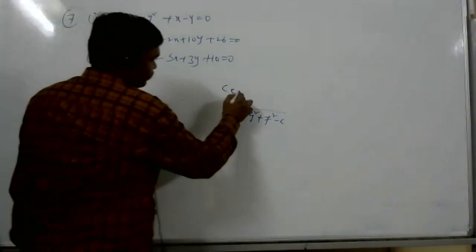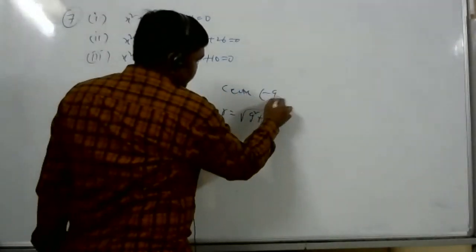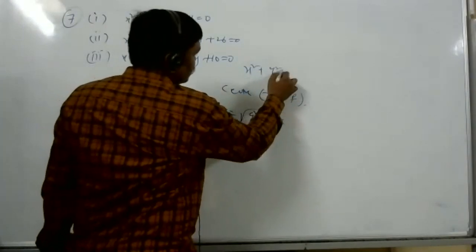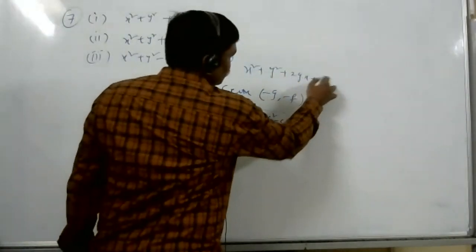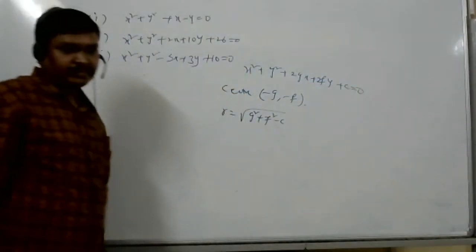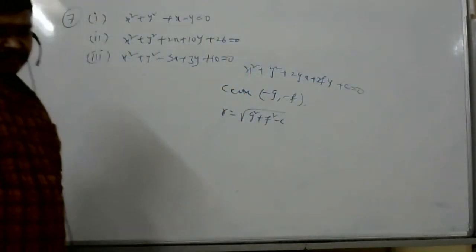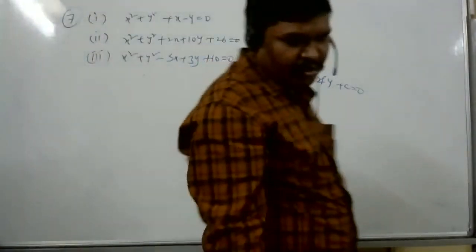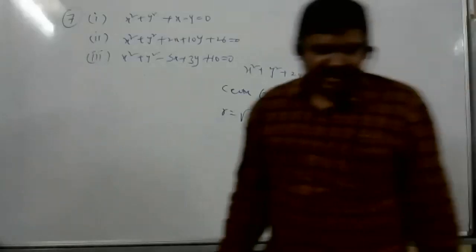Center is minus g comma minus f. For the equation x square plus y square plus 2gx plus 2fy plus c is equal to 0, if the radius is equal to 0, then it is a point circle.